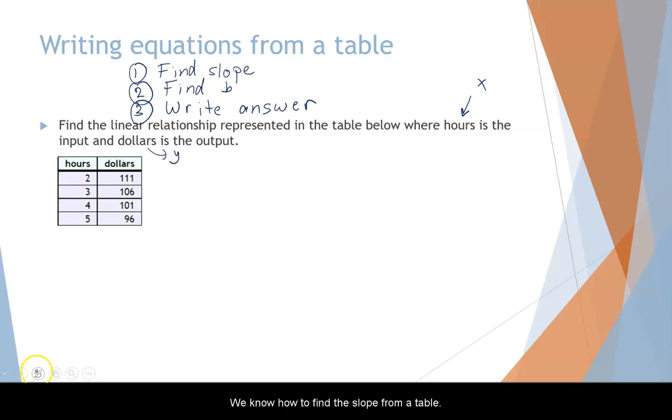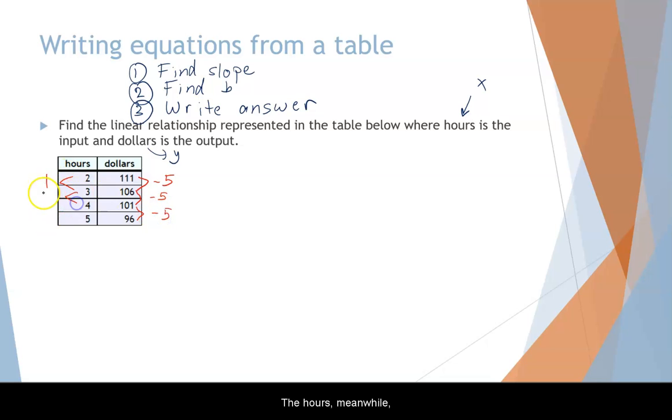We know how to find the slope from a table. Slope is always the change in output, or change in y, divided by the change in the input, the change in x. So here I see the change between $111 and $106 means that we go down $5. That same step is repeated at every row in this table.